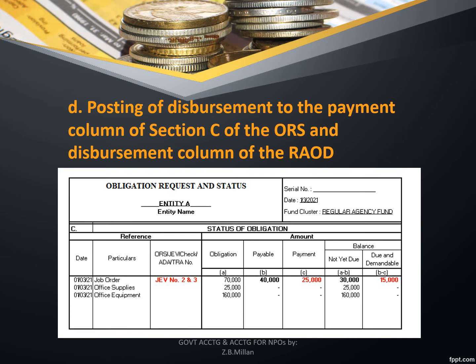So once na nakapag-record tayo ng ating cash advance to our disbursing officer, yung ating Portion C ng ating ORS will be updated again to record na yung 25,000 of the due and demandable amount na 40,000 has already been paid. So meron na lang tayong 15,000 na due and demandable na obligation.